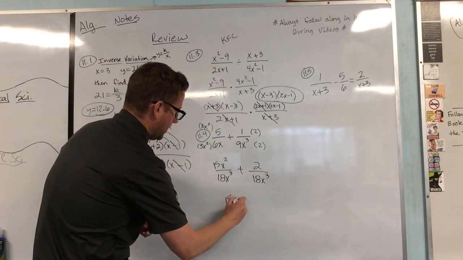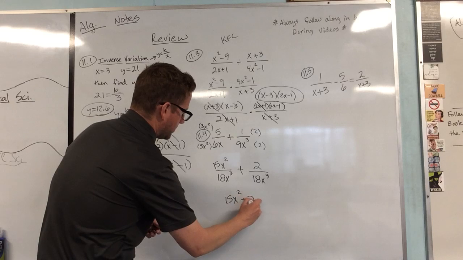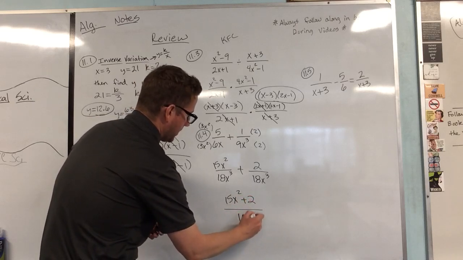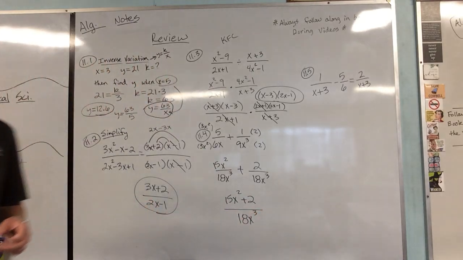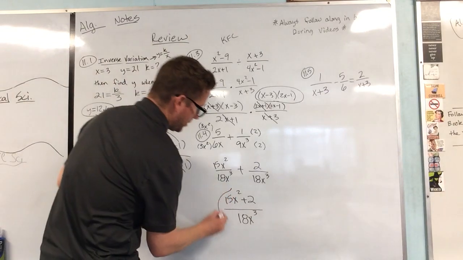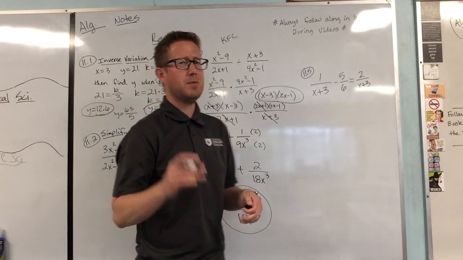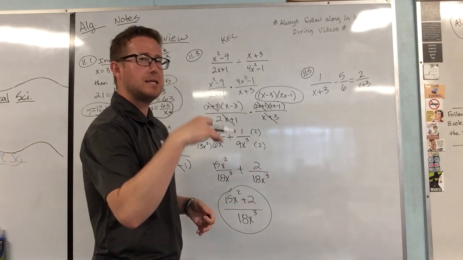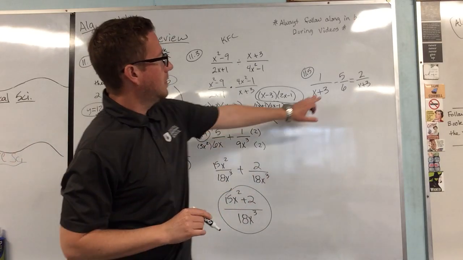So 15x squared plus 2 all over 18x to the power of 3. And that looks much better. My apologies for the start of that. 6 times 9, that's going to be way too big. 18, a lot better.